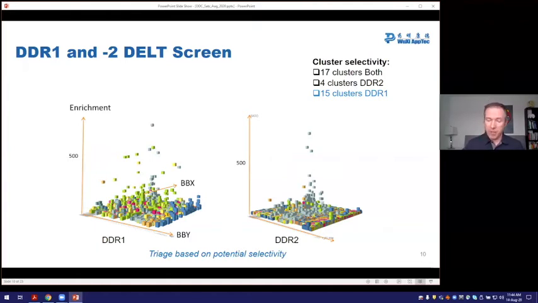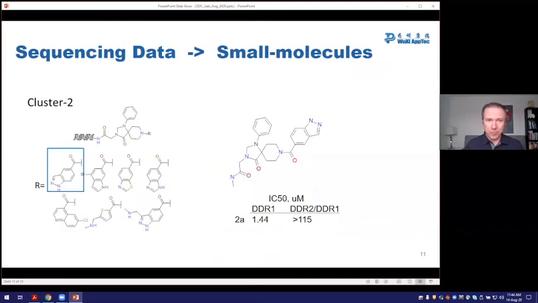because they had the best chance of being selective for DDR1. I'm just going to show you one example of one of those clusters, what we called cluster 2. If you look at the different building blocks in cluster 2, which were attached to this scaffold shown here, you see that structurally they all look a little bit alike. So there is some SAR there.